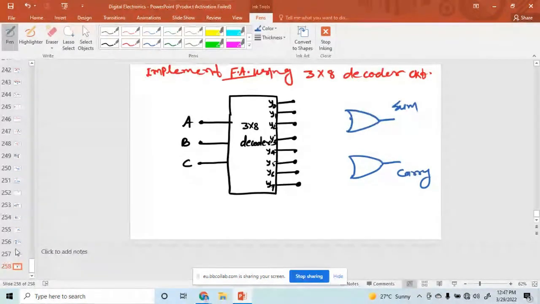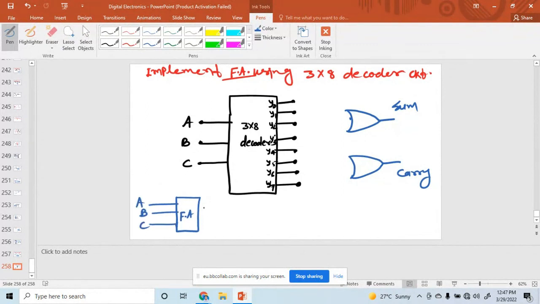Comparing with the full adder, A, B, and C are the inputs, and the outputs are sum equal to sigma m of 1, 2, 4, 7, and carry equal to sigma m of 3, 5, 6, 7.